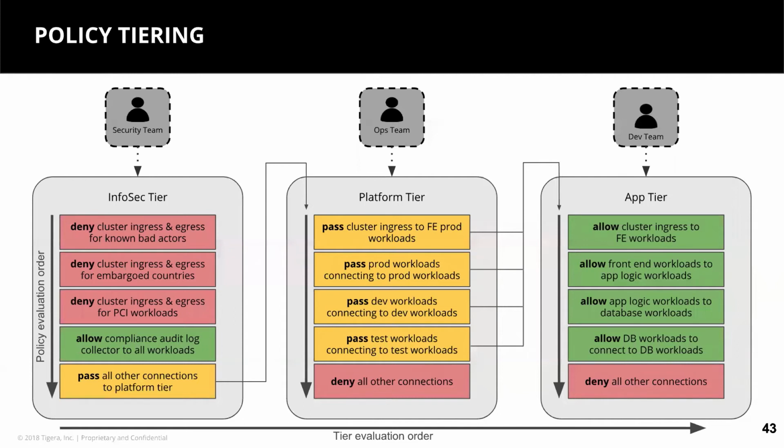All of those things are very global in nature, and those can be specified at a very high precedence in the policy evaluation order. But then when I get down to how I'm dividing out things like production workloads from testing workloads and development workloads, and then how I'm getting into very specific application policies, what ports are being used for communication, that kind of thing, I can start to delegate those to lower tiers, as you see here.